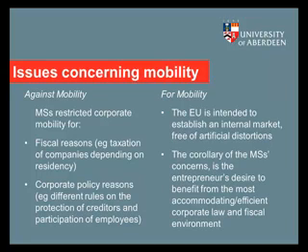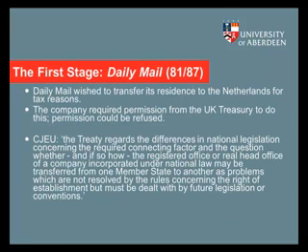Now the facts in this case were basically that Daily Mail, which was a UK company, wished to transfer its residence to the Netherlands. And the reason it wished to do this was to benefit from a more beneficial tax regime. Now, in order to transfer its residence to the Netherlands while retaining its status as a UK company, Daily Mail required permission from the Treasury, and of course permission could be refused by the Treasury.